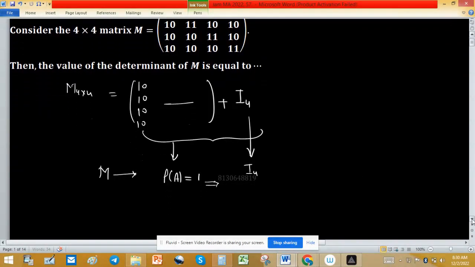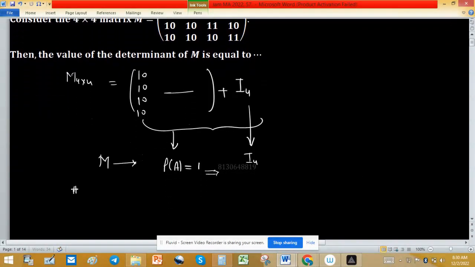So one non-zero eigenvalue you can denote by a hash symbol, and the other three eigenvalues are 0. Eigenvalues of I4 are 1, 1, 1 and 1.